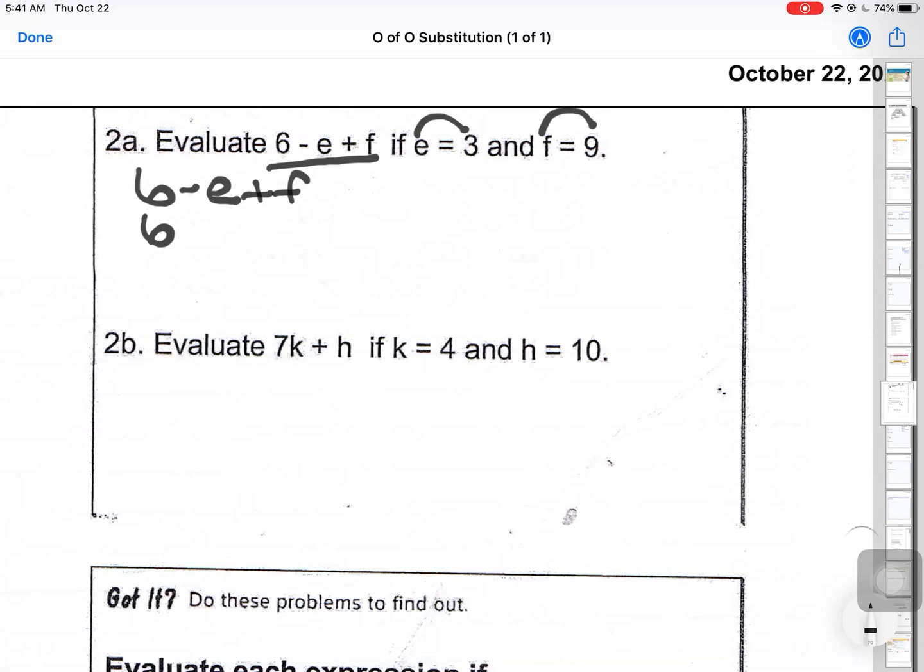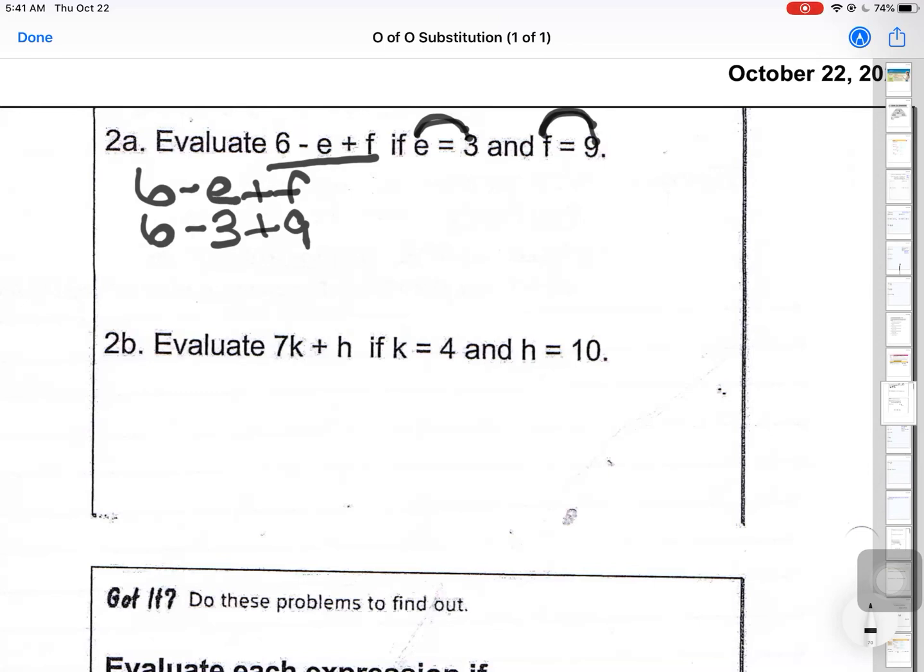So 6 goes under the 6, minus e is 3, 3 right under the e, plus f, and f is 9. Make sure you have those right underneath each other so that if you have to go back and see if something didn't go quite right, we found our mistakes.